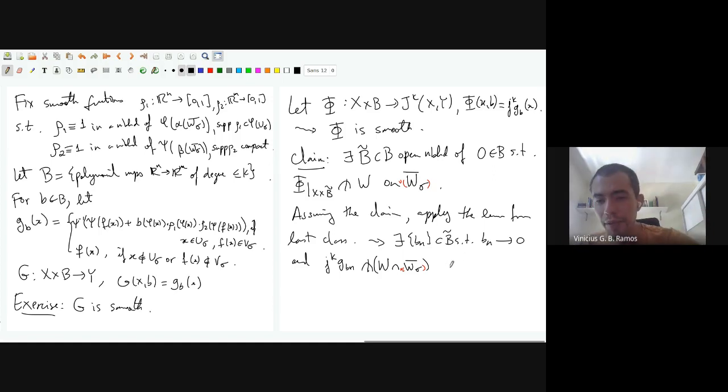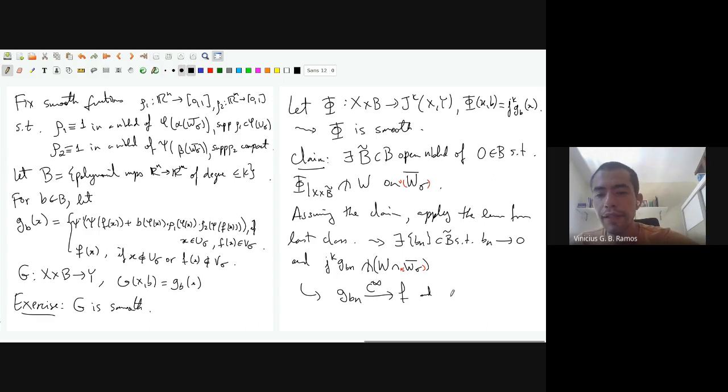And then once we have a sequence of polynomials that converges to 0, this also is going to imply that gBn converges to F in the C-infinity topology. Okay, so that means I found a sequence of smooth functions converging to F in the C-infinity topology, which are all transverse to W on W sigma bar.